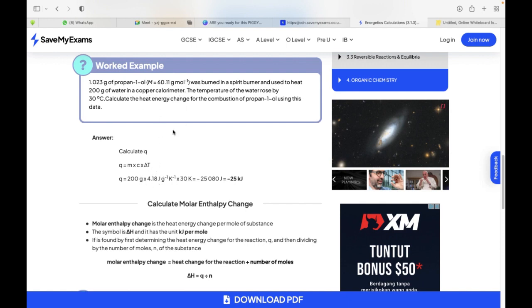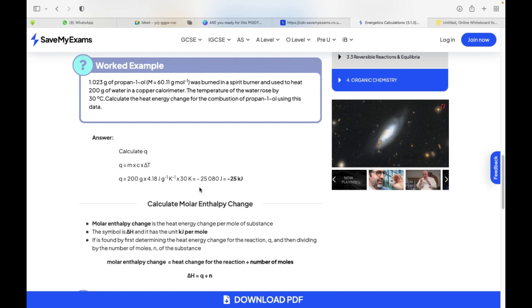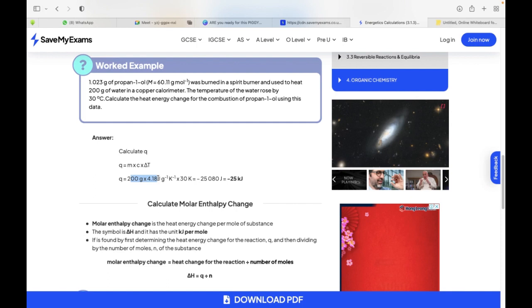Then we know the specific heat capacity of water, 4.18. The temperature change is 30, and in this case we are using 30 Kelvin, not degrees Celsius. When we multiply 200 times 4.18 times 30, we get 25,080.